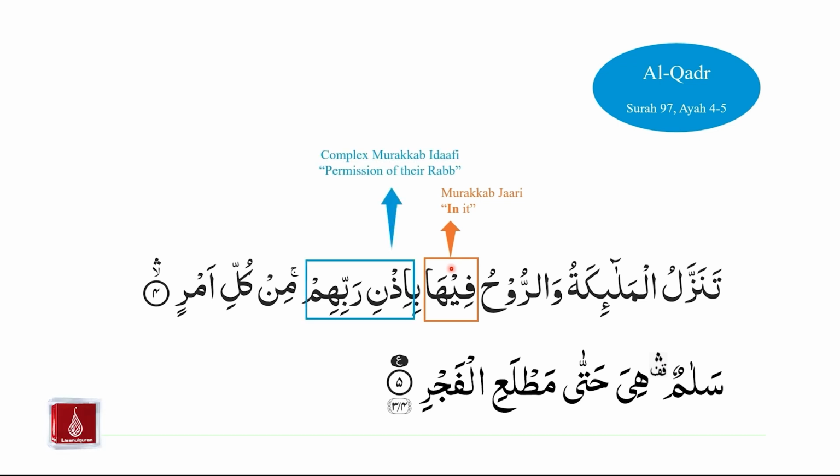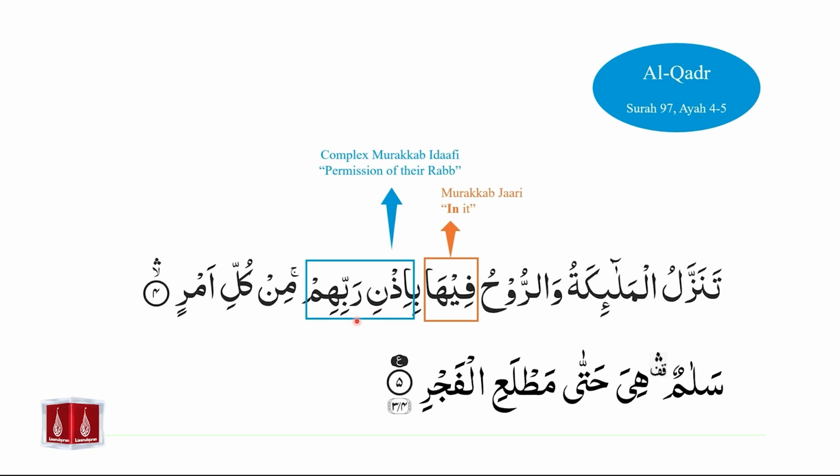Next, izni rabbihim. If we pay attention to izni rabbihim, this is actually a complex murakkab izafi or a complex possessive phrase. Let's pay attention to izni. Izni meets criteria for it to be mudaf. There is no tanween and there is no al. It is followed by Rabbi.